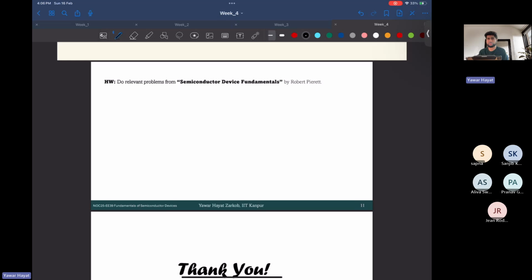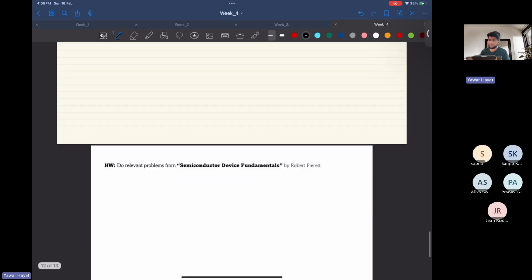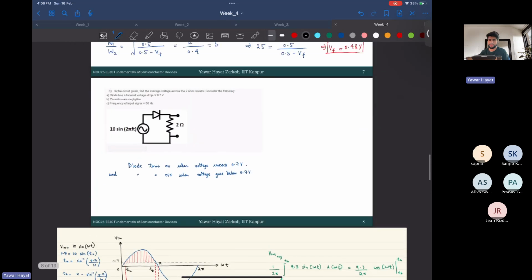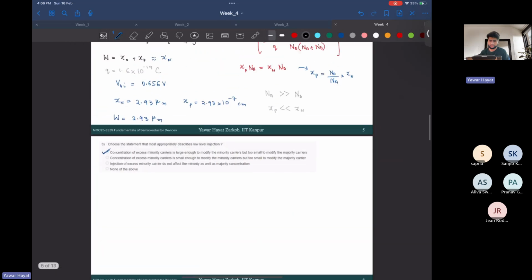Do the problems from the first couple of chapters of the PN diode section. I'm not sure of the chapter numbers, but there are probably four chapters dedicated to the PN junction diode. Do the problems from the first two chapters. That's it from my side. If you have any questions, you can let me know. Otherwise, we'll call it a day.